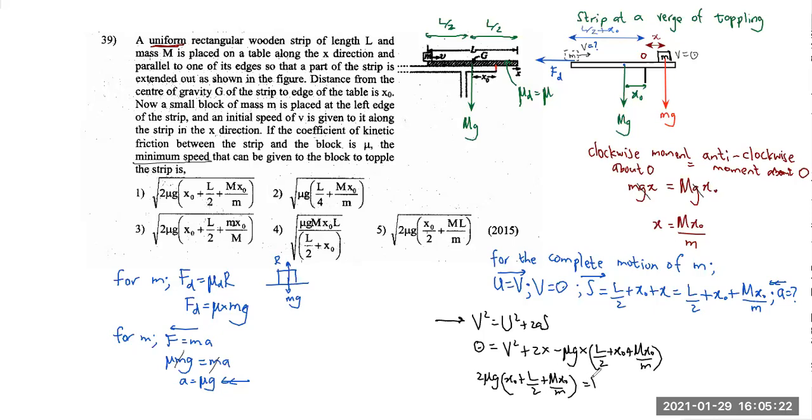Well, that is equal to v squared. And that's it, people. You have the answer. v is equal to the square root of that: square root of 2 mu g within brackets x naught plus L by 2 plus capital M x naught divided by simple m. So for this question, the answer is the first one.